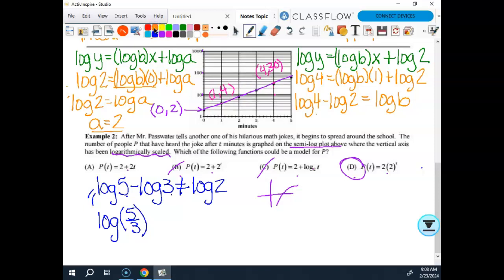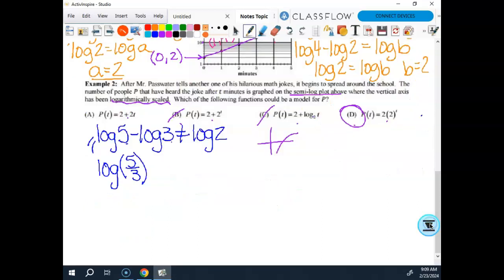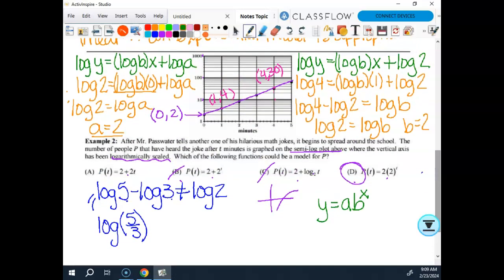So I get the log of 2 equals the log of b. Therefore, b equals 2. So then what we know about exponentials is y equals a times b to the x. Because log of 4 minus the log of 2 is the log of 2.